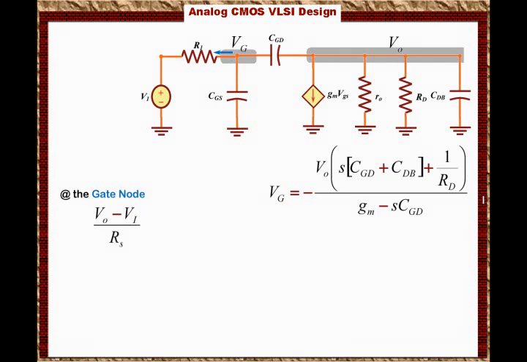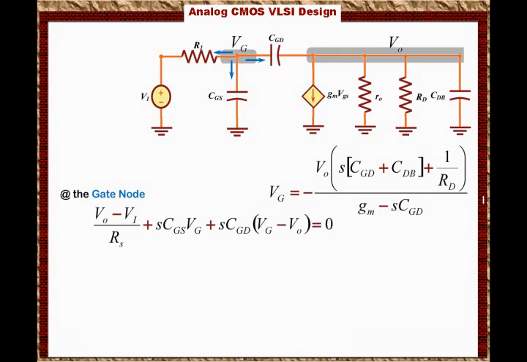Plus the current leaving the gate to the source capacitance, which is S times CGS times Vg, plus the current leaving the shunt capacitance from the gate to the output, so plus S times CGD times (Vg minus Vout), equals 0.